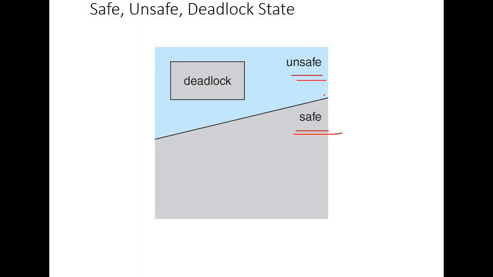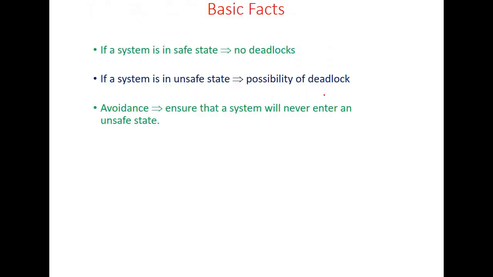If the system enters into an unsafe state, then the system will not allocate those resources to that particular process. This is how deadlock is avoided. In order to handle the deadlock avoidance, we have one algorithm that is called the Banker's algorithm. In the next video, we will see how this Banker's algorithm is used for avoiding the deadlock in a system.